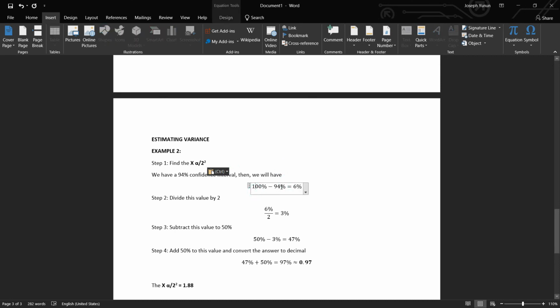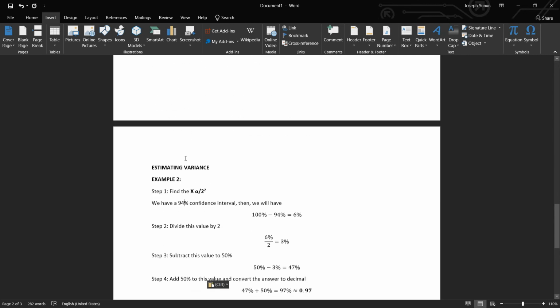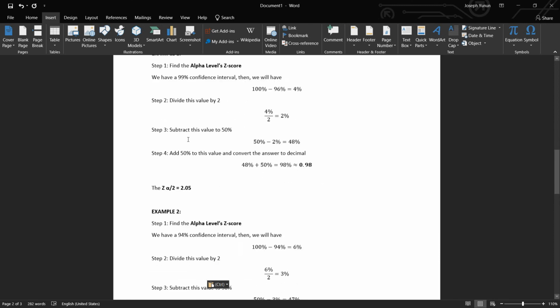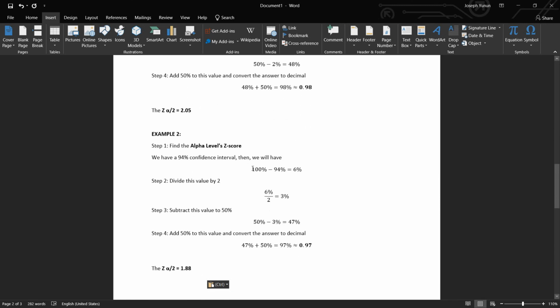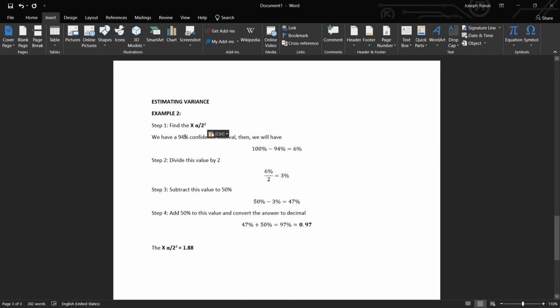Similar procedure. You have your 95% confidence, so alpha is 5%. So 5% divided by 2, you'll have 2.5%. So alpha all over 2, you have your alpha here.